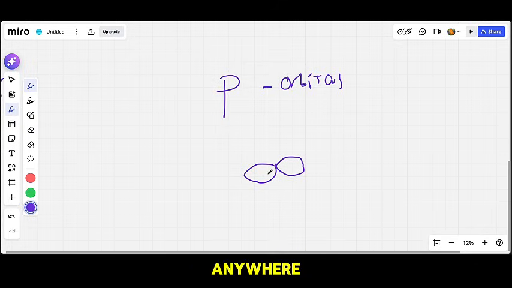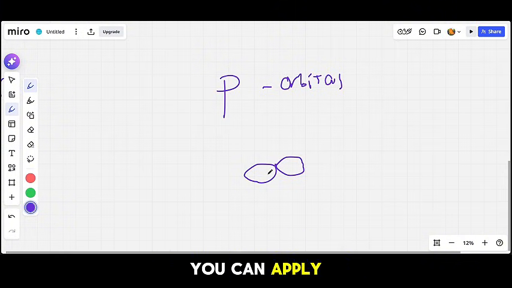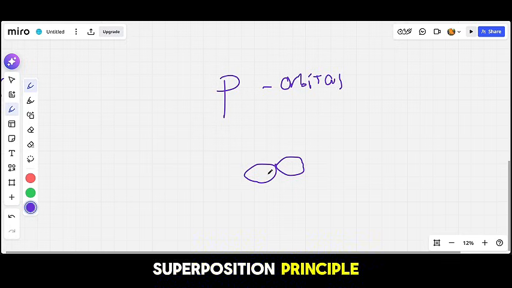Superposition can happen anywhere, but for quantum physics, you can apply the superposition principle.